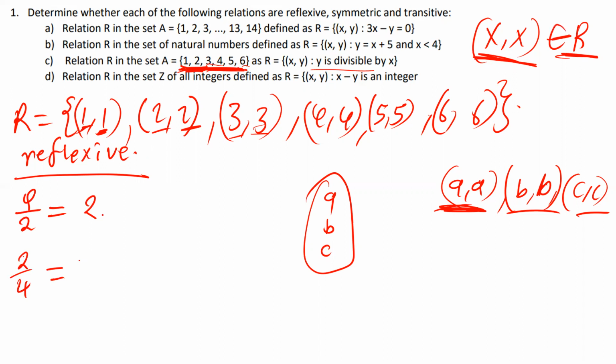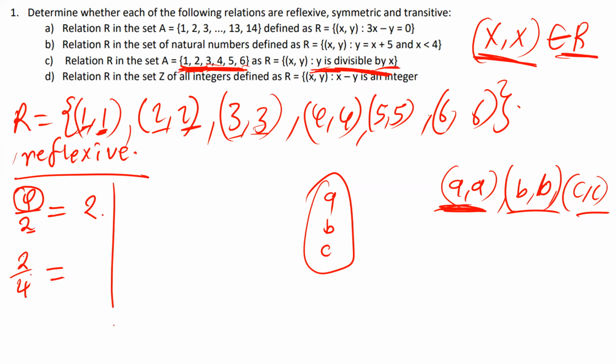The answer is no. According to the relation here, we said y should always be divisible by what? By x. So of course we have found that 4 is divisible by 2, but is 2 divisible by 4? The answer is no.